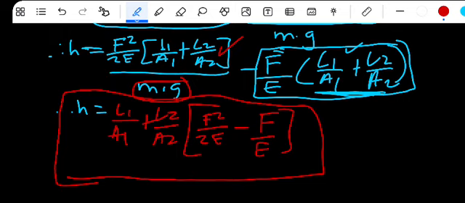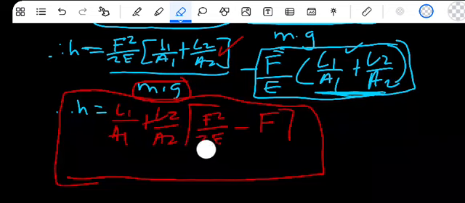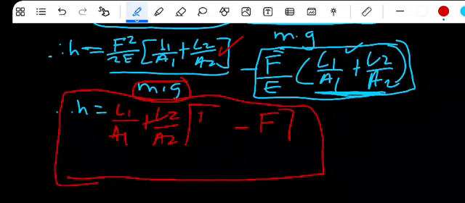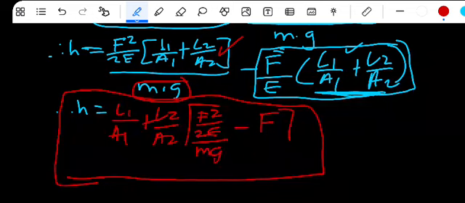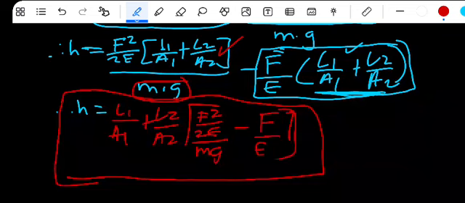So here do not forget to divide by the mass. Only this portion, you have F squared over 2E divided by mg. Here we still have F over E. So this is the mass. This is the equation to calculate H, the shorter one, where you make H the subject of the formula.